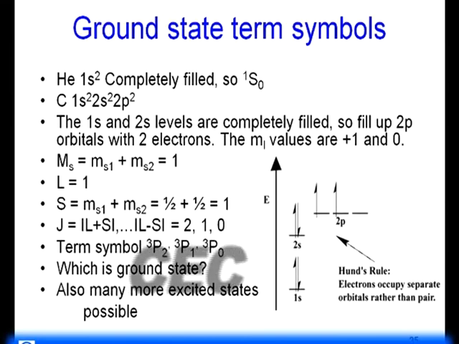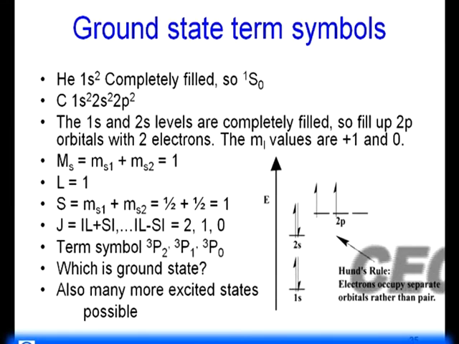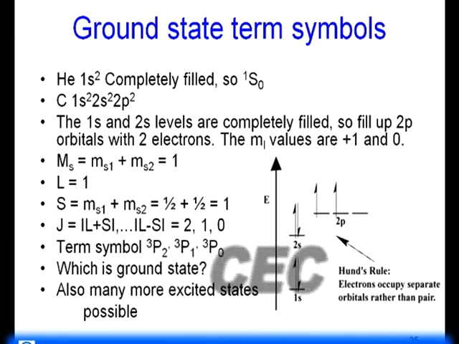Similarly for S, ms1 plus ms2 should be equal to half plus half, and that should be equal to 1, because you have both electrons with alpha spin, which we arbitrarily call ms equal to plus half. So half and half gives you 1. Now the J values which are possible are what?